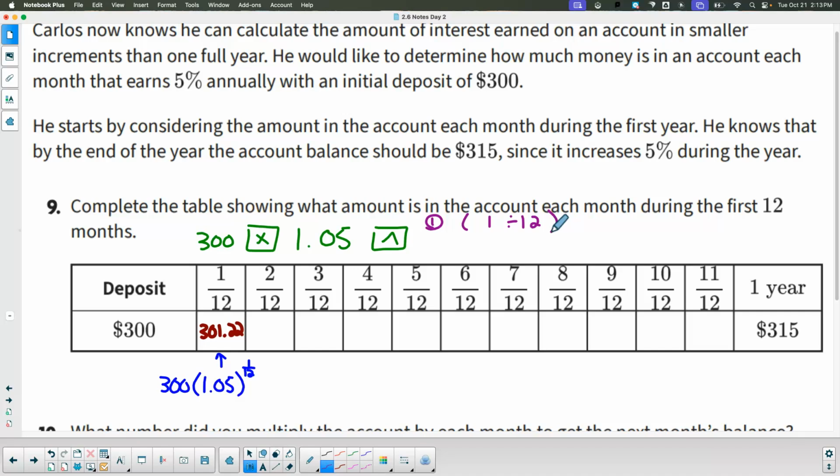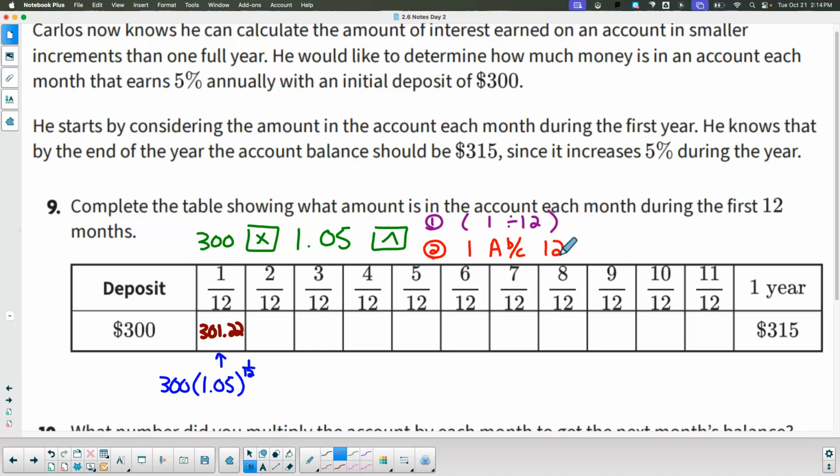Option number two is you could do the number 1, and then on these calculators you've got that fraction key, and you can make the fraction that way. Both of those methods will get the same answer. All right? So, go ahead.